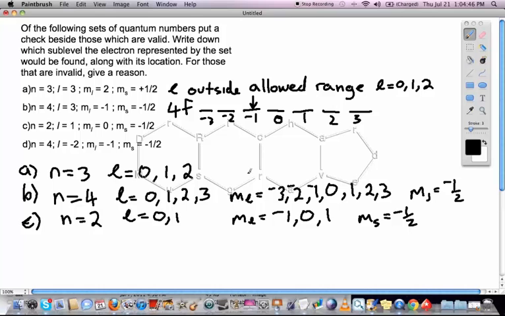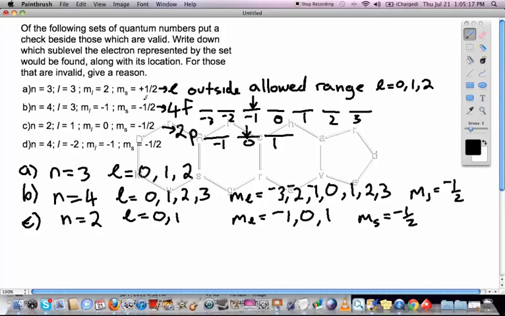So that's okay as well. Alright, so that's a valid set, and the location would be 2, and 1, the code is P, and for P we've got 3 orbitals, and we're looking at negative 1, 0, and 1, and we're looking at M sub L equals 0, so that one, and M sub S is negative a half, so it points down.